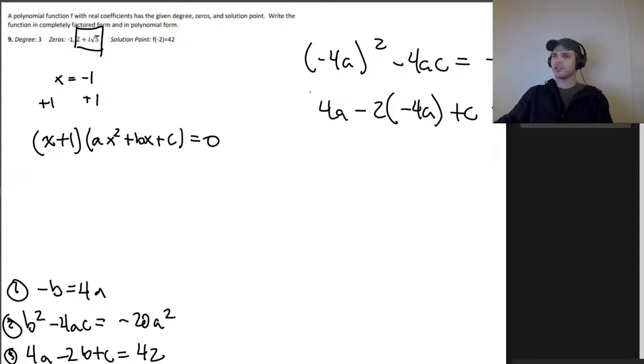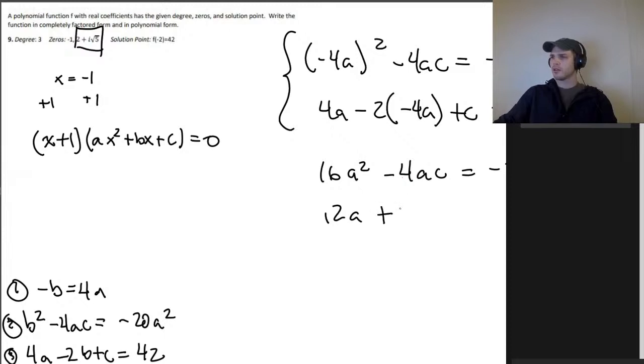Let's just simplify each of these. So this is going to give 16a squared plus 4ac equals 20a squared, and then this is going to be positive 8a, so we'll get 12a plus c equals 42.